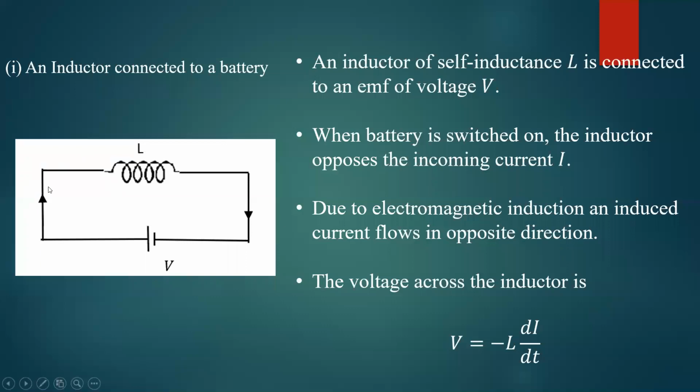Okay, so that current is opposing the change in current. So whenever there is a variation of current, the magnetic flux linked with the inductor changes. That change in the magnetic flux leads to the induced current. That is in accordance with Faraday's law and Lenz's law.